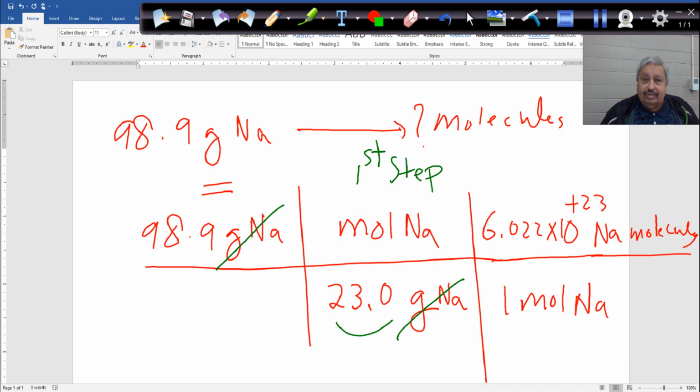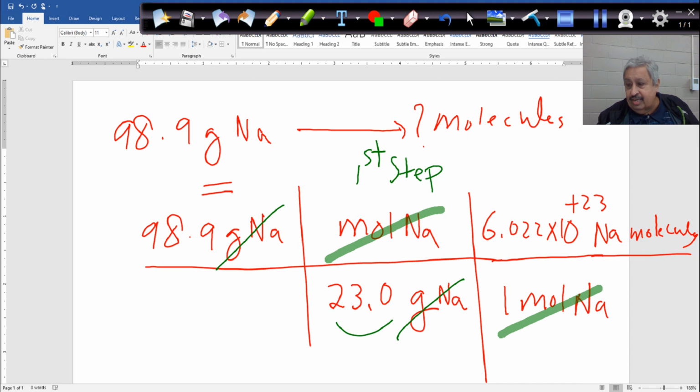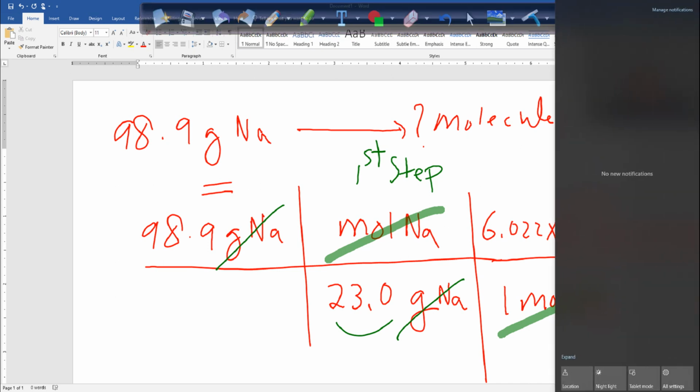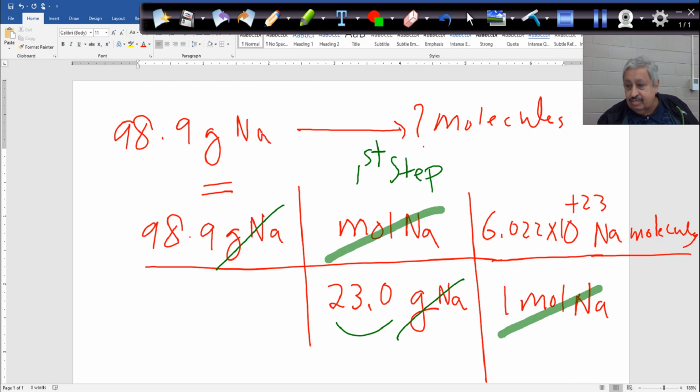Okay, guys, so now we have the mole of sodium canceled out. The only unit left for us is this one here. That's what we are looking for, correct?